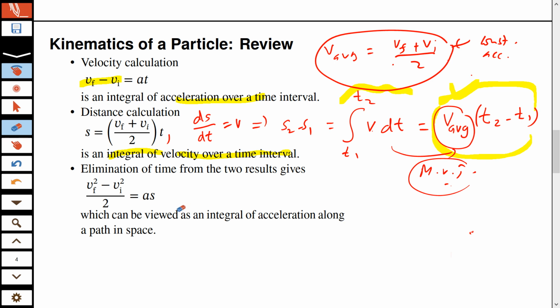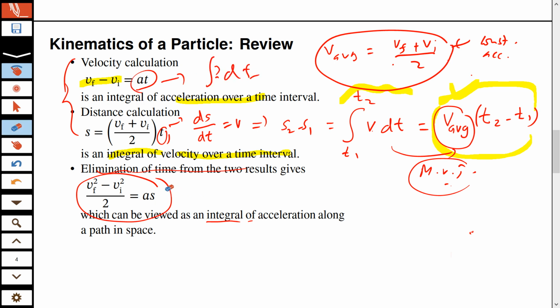And if we combine these two, so let's say we eliminate t from these two equations, combine these two so that you eliminate t and you will get something like this. This is your third equation of motion, and let's see how we can see this as an integral of something. So you noted that when you saw a times t, you saw this as an integral over time.